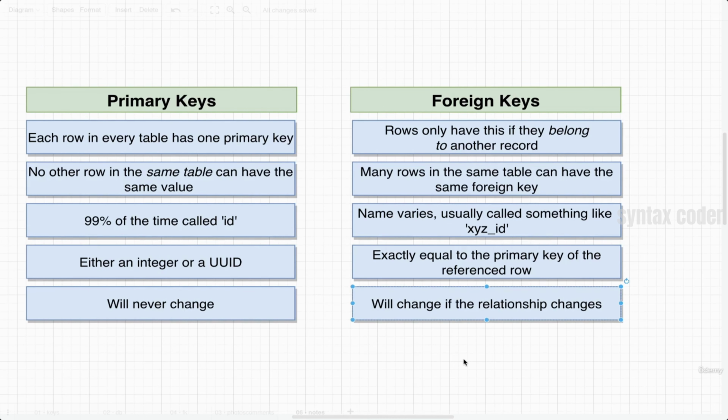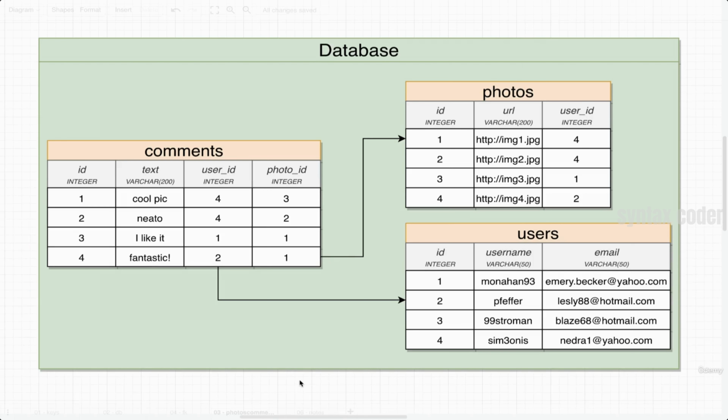And then finally, we will end up changing that value, unlike the primary key, if the relationship changes. So for example, if for some reason we could reassign who created a comment, it doesn't really make a lot of sense, but maybe you could somehow take over someone else's comment, so to speak. Maybe this last comment right here is currently saying that it was created by user with ID 2.